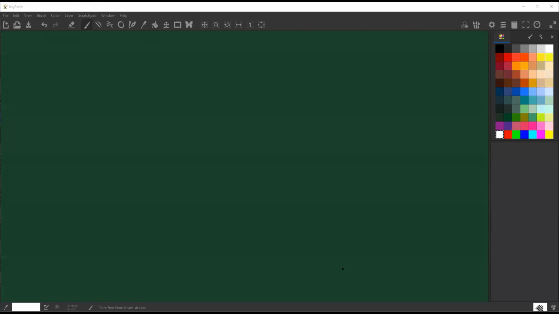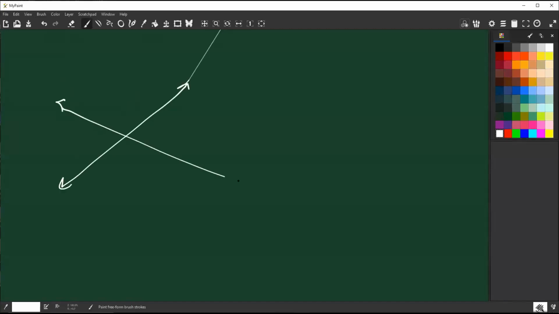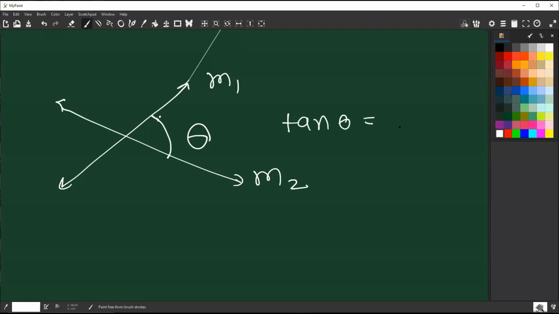Yes, ma'am. Okay. Great. Now, the next point is, I told you about equally inclined lines. Now, if two lines are such that their slopes are m1 and m2, and if theta is the angle between them, then tan theta is mod of (m1 minus m2) upon (1 plus m1 m2).